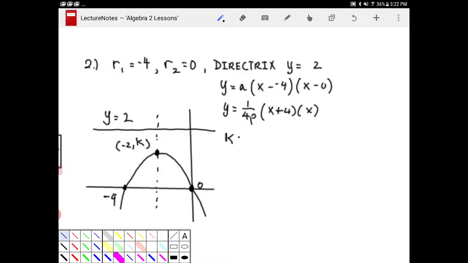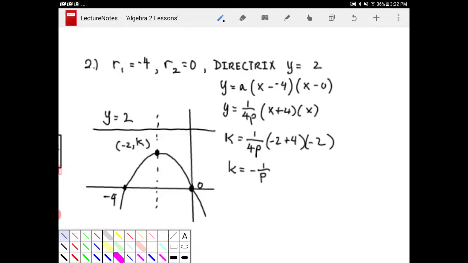So if I substitute in the x-coordinate of the vertex, I'm going to get back k. So it's -2 plus 4 times -2. And if I perform the simplification, I'll end up with k is equal to -4 over 4p, or -1 over p.